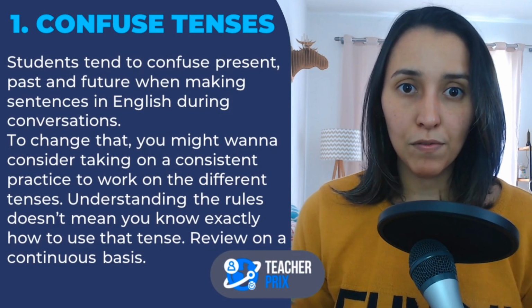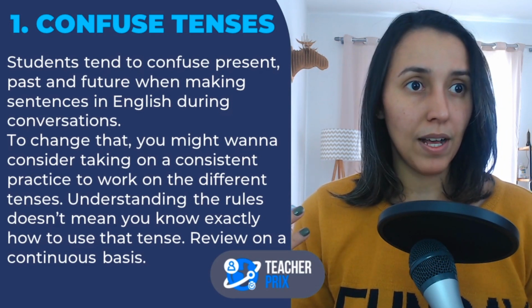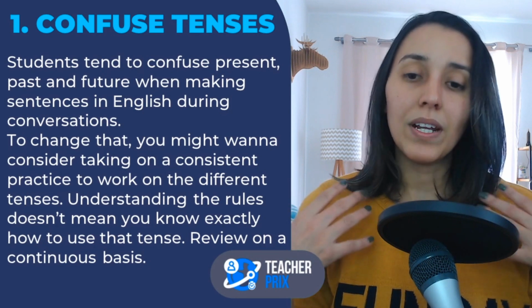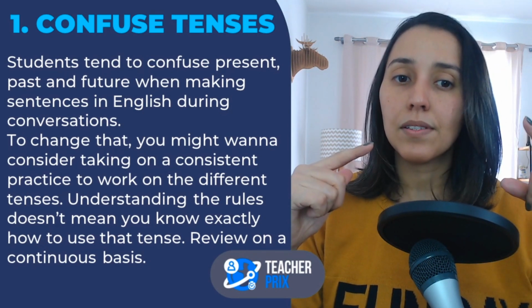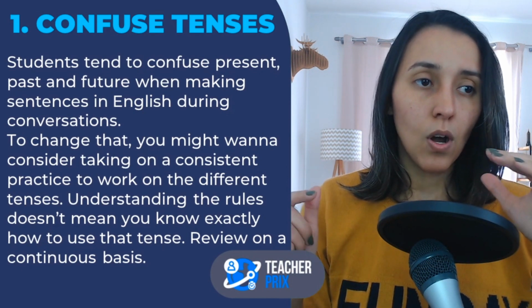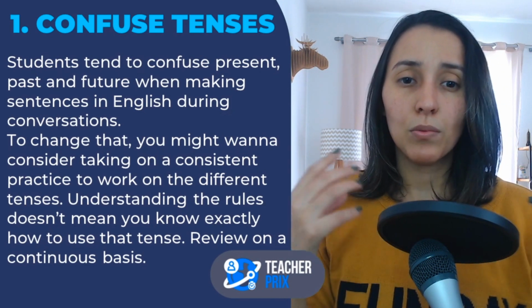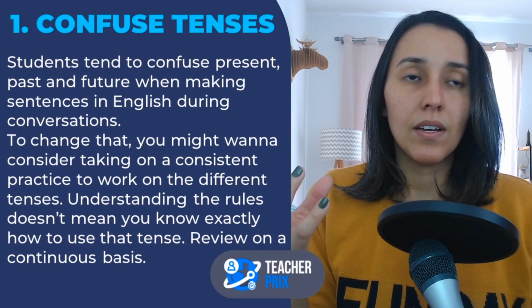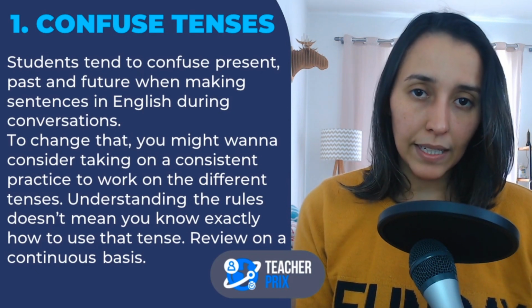When you are building phrases, when you are giving an answer or perhaps asking a question. So whenever students do that, they tend to confuse the tenses. Either they speak everything in the simple present, or they use simple past with simple present. So this is a very confusing structure mistake that students end up making.